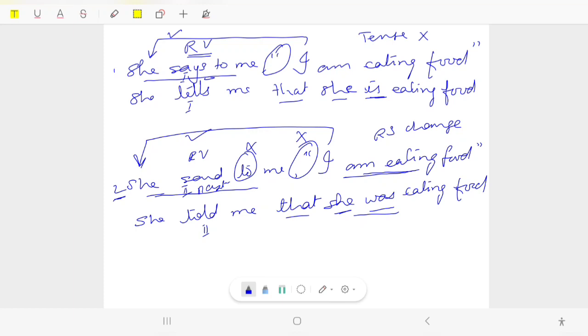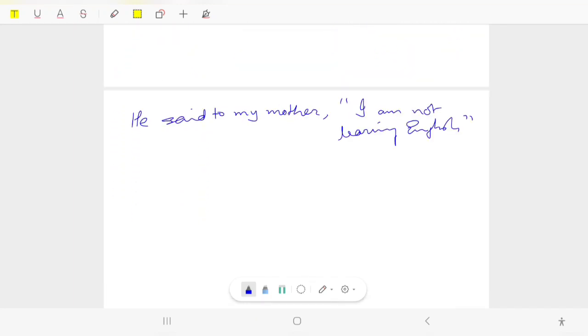Let's have a look at the next example. He said to me, I am not learning English. So this one is RV, this one is RS. So how will we change it now? It is second form, meaning simple past. So we need to change the tense of RS. So let's see how. He told me. Here again you will not write to.